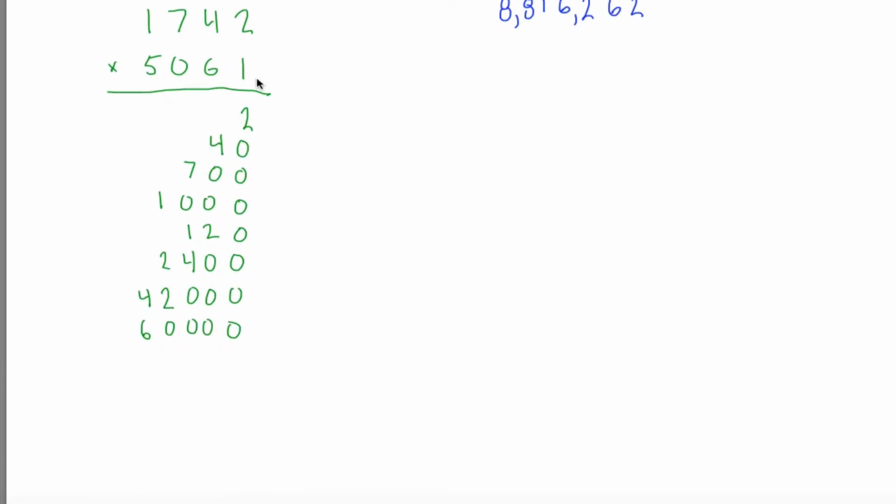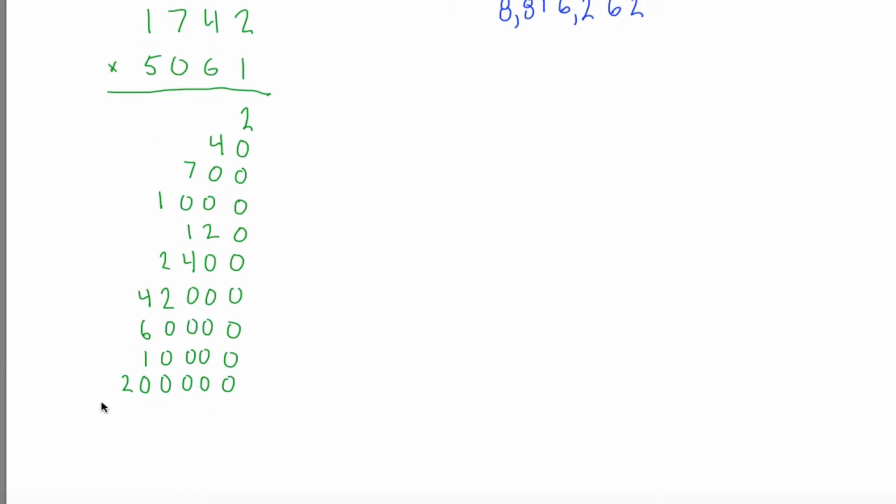And then 5,000 times 2 is 10,000. 5,000 times 40, well, let's see, I have 4 zeros in here, and 5 times 4 is 20. So I'm going to write the number 20, and then I'm going to tack on 4 zeros. 5,000 times 700, well, now I have 1, 2, 3, 4, 5 zeros, and 5 times 7 is 35.